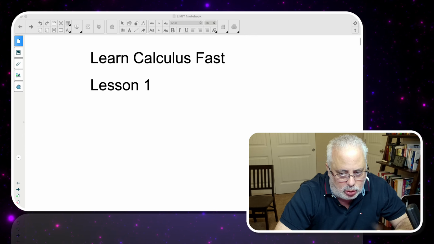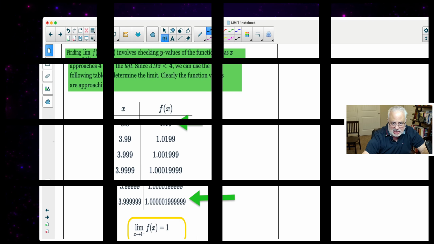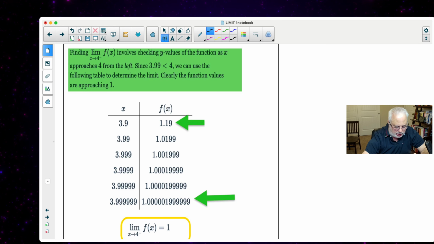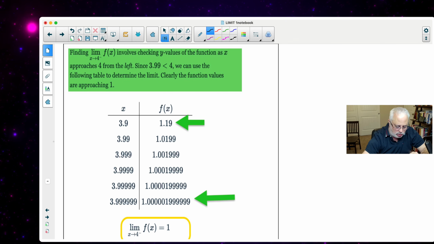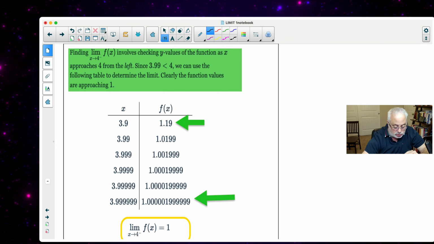We have to start with limits. Let's see it. What is a limit? Limit is a very interesting concept. It's about the behavior of the functions around a particular point x or a particular value. Remember that we have functions everywhere.